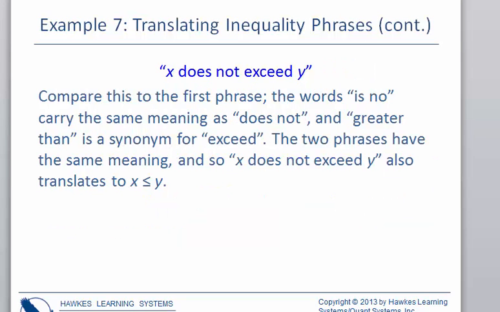The third phrasing is x does not exceed y, which means that x does not get any bigger than y. So that means essentially that x is less than y or possibly equal to it, but it cannot get any bigger than y.